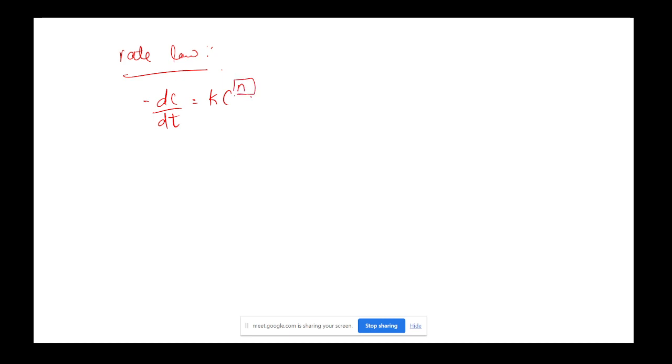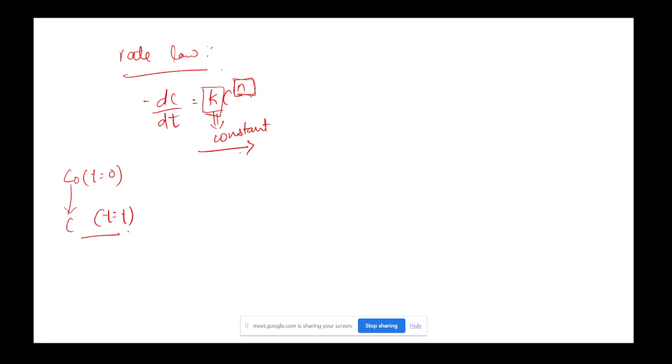Okay, n is the order of reaction and k is the constant. So you try to do one experiment in which you measure the initial concentration, and you measure the change in concentration over the period of time. Here it is at t equals 0, and this is at t equals t. Okay, so with change in time, you measure the concentration, and from that you need to find out the values of k and n.